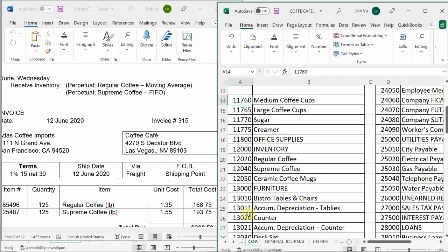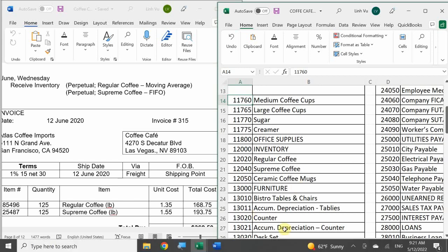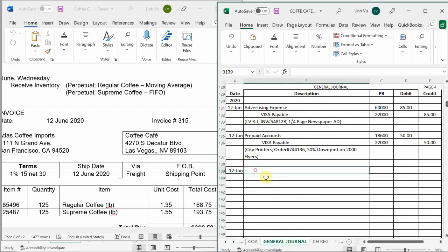Yes, right? Regular coffee and supreme coffee. Because when we make perpetual inventory purchases, since we're constantly updating it, it needs to be recognized as inventory right away. So in this case, we end up receiving our inventory.